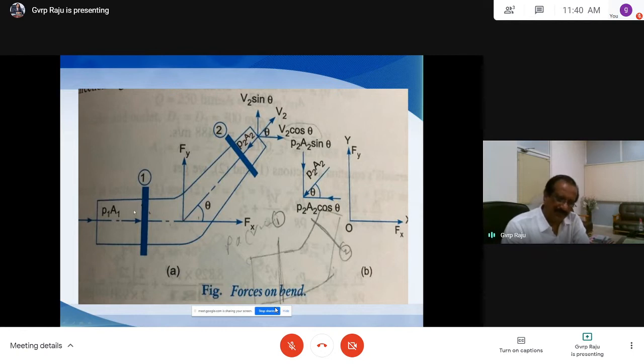When the fluid is flowing through a pipe and the pipe sides are closed here, what happens? There will obviously be a force by the fluid on the bend.